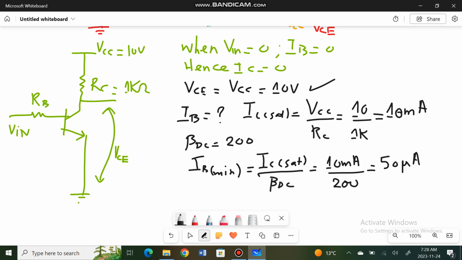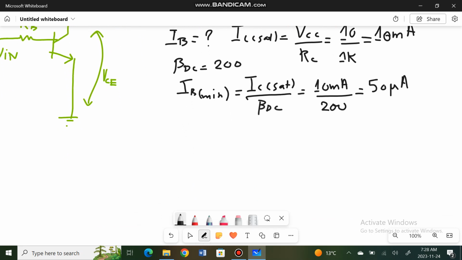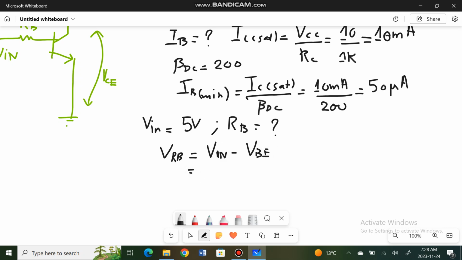Now, what should be the value of RB when Vin is equal to 5 volts? If I set Vin equal to 5 volts, then I have to determine the value of the base resistance. For that, the voltage across RB can be found by using the formula Vin minus VBE, which is the base to emitter voltage, and this is usually equal to 0.7 volts. So VRB will be equal to 4.3 volts.